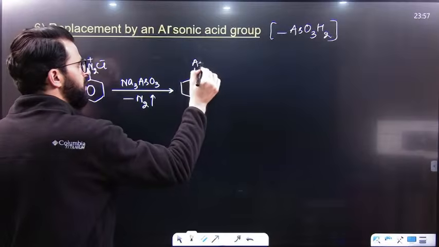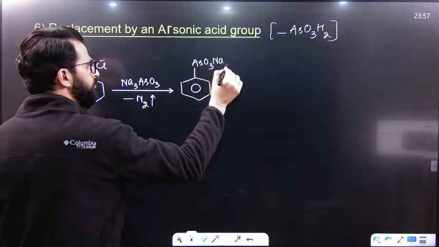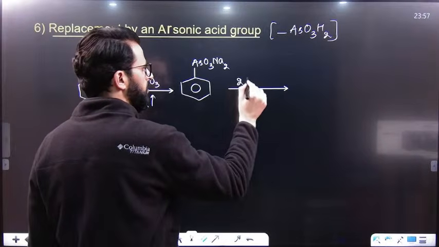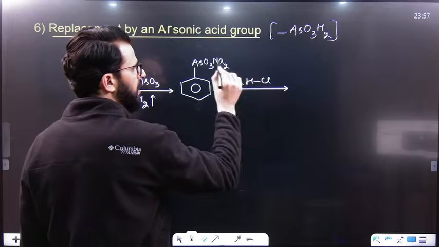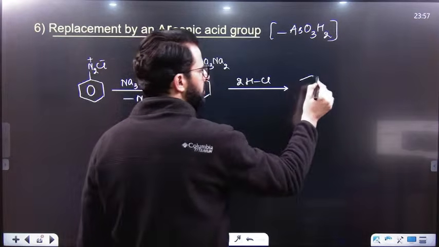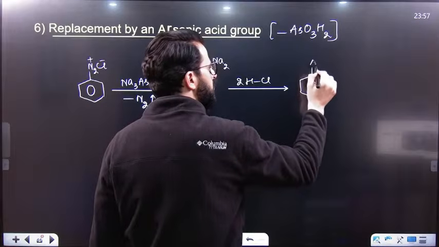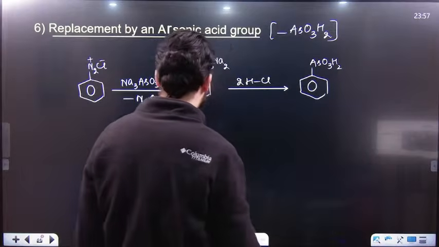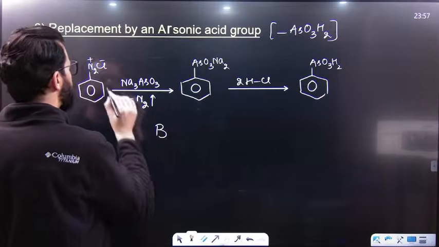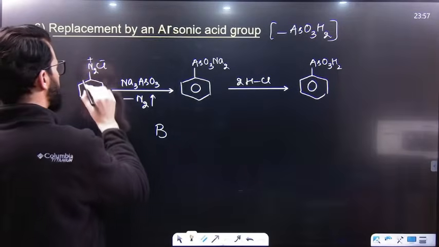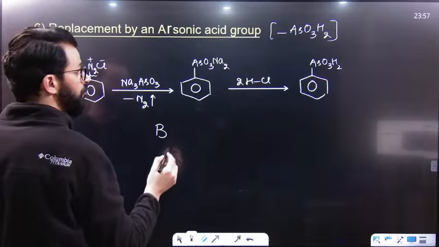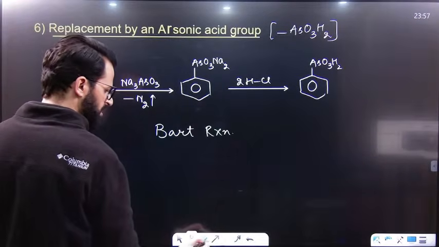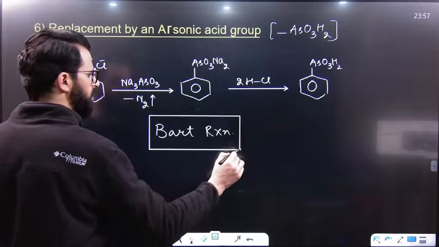After that, it will result in the formation of AsO3Na2. After that, we will replace both these sodiums by hydrogens, and it will result in the formation of AsO3H2. Finally, N2 is replaced by arsenic acid group, and this whole reaction is known as Bart reaction. So this is a named reaction known as Bart reaction.